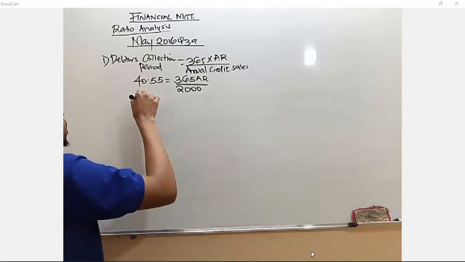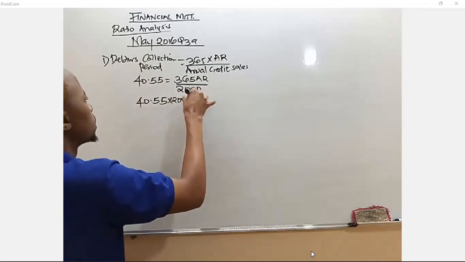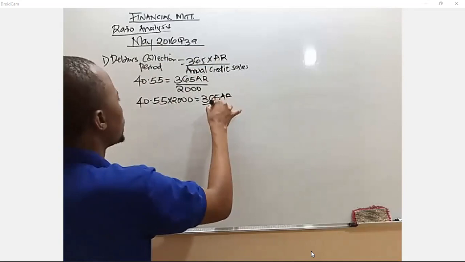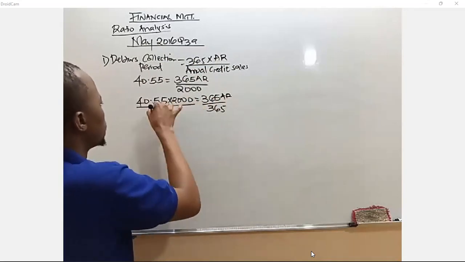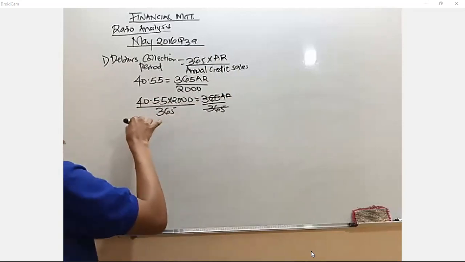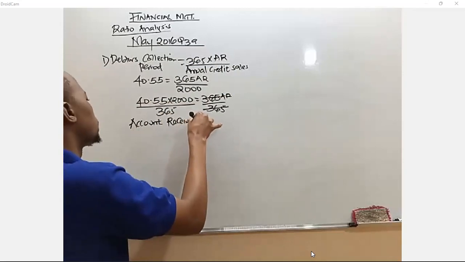So I take 40.55 times 2000, which is equal to 365 AR. Divide here by 365, divide here by 365. How much is my account receivable?